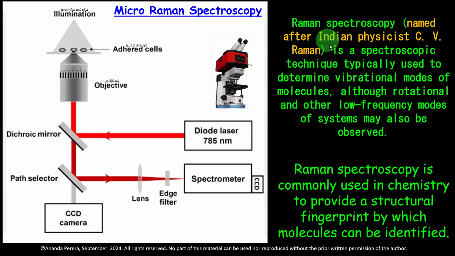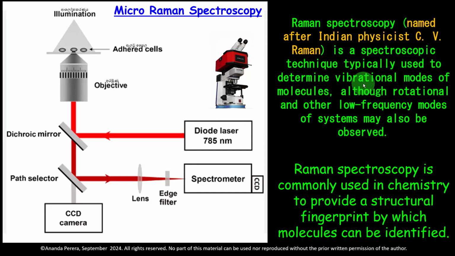Raman spectroscopy, named after Indian physicist C.V. Raman, is a spectroscopic technique typically used to determine vibrational modes of molecules. Inside the gemstone, there are molecules, we know. Inside the molecules, there are vibrations.